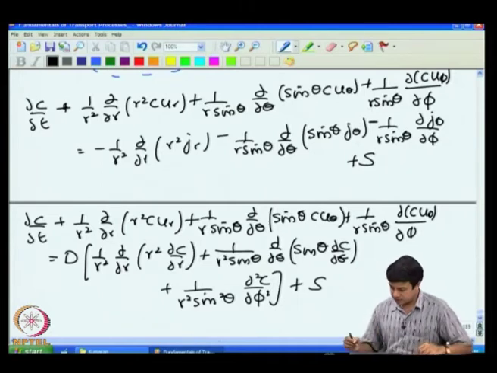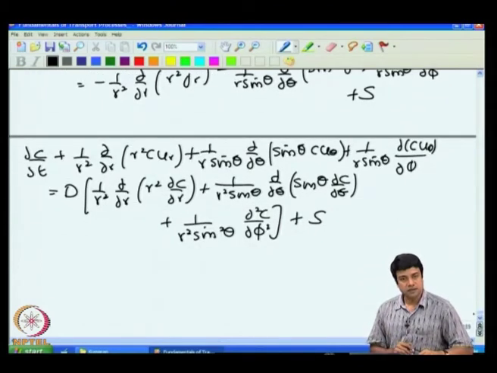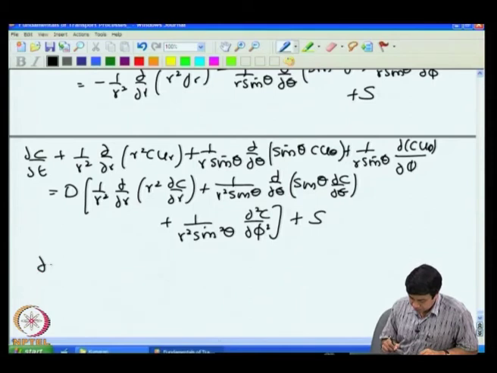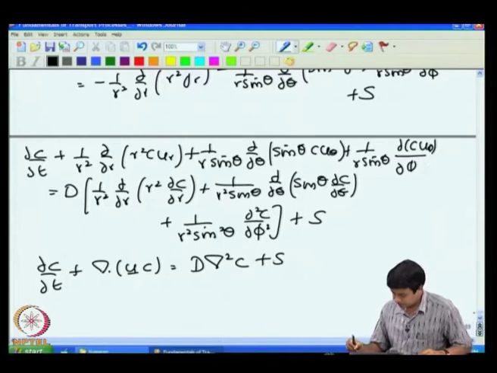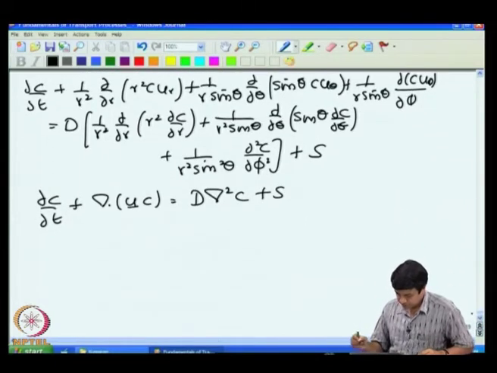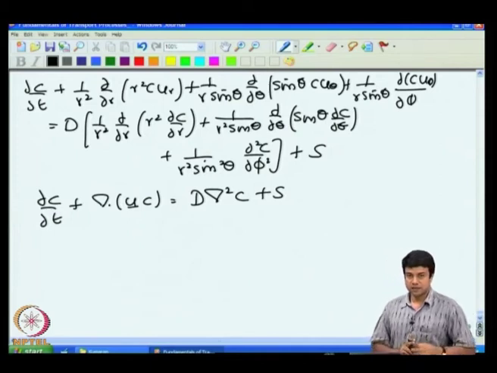Physically, this equation can be written as we had done in Cartesian coordinate systems as dc by dt plus del dot uc is equal to d del square c plus s. Only thing is that the operators now are slightly different.